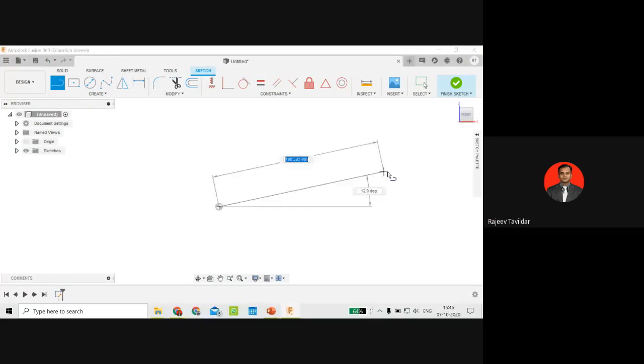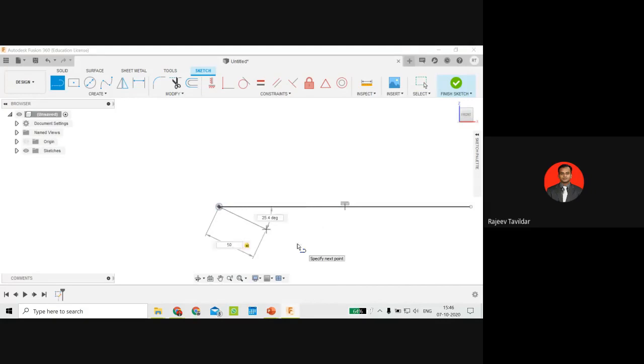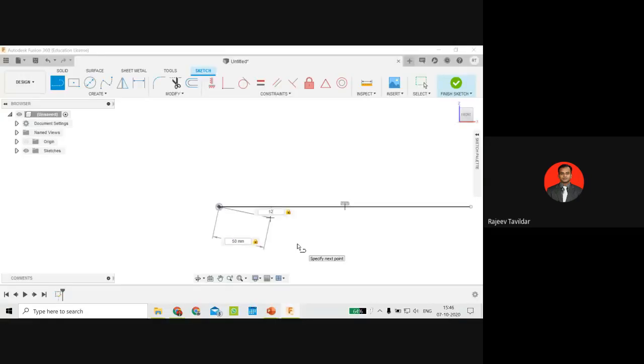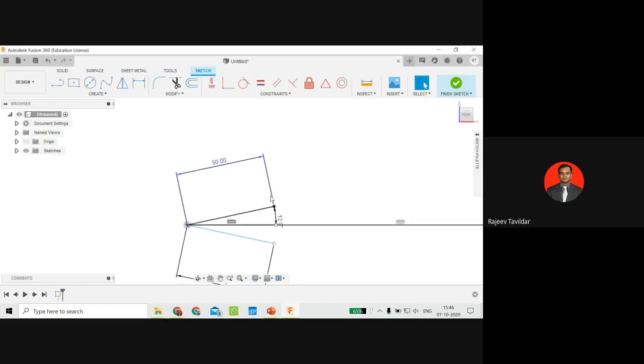So I'll mark the point O2 and a random horizontal line of arbitrary length. Then let me draw a link of 50 mm length, because it's already given to us. The input link length will be 50 mm and the angle, I'm taking it as approximately 12 degrees.